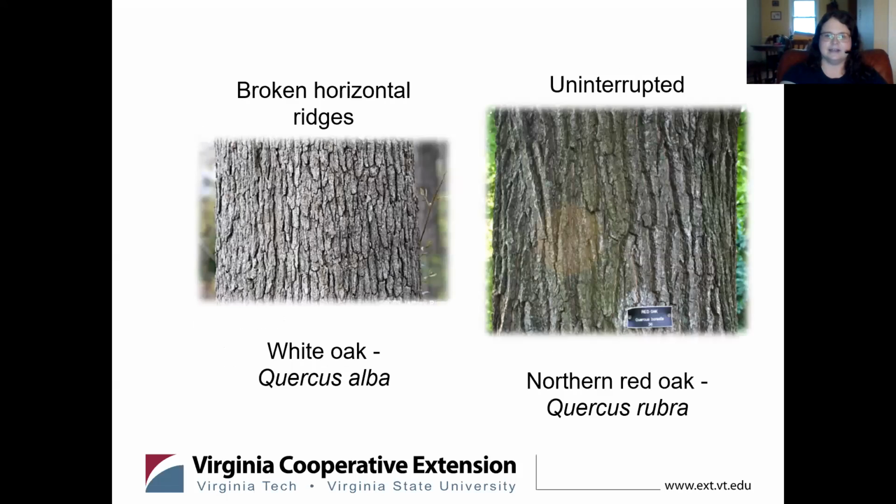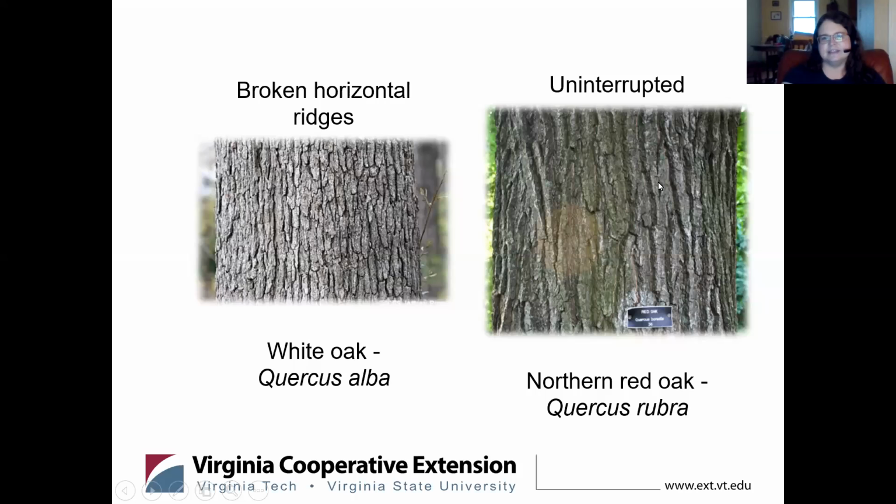If we're looking at examples here, white oak has broken horizontal ridges. You can see they're not connected very well. The raised part is the ridge, and these little indentations into the bark are what they call the furrows. Very much broken up in this white oak example.